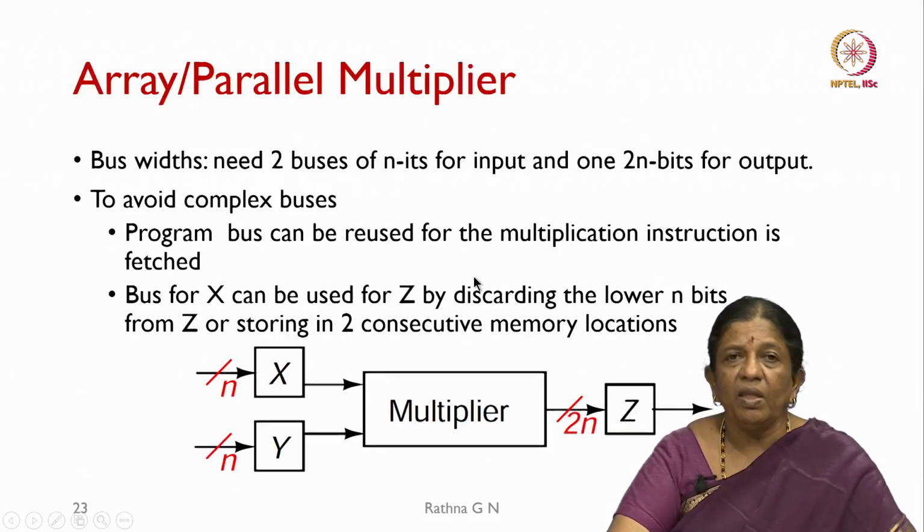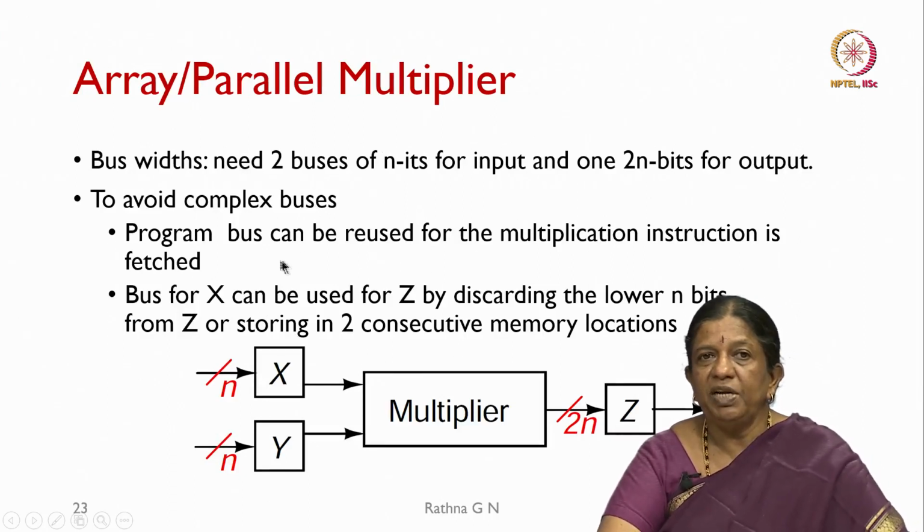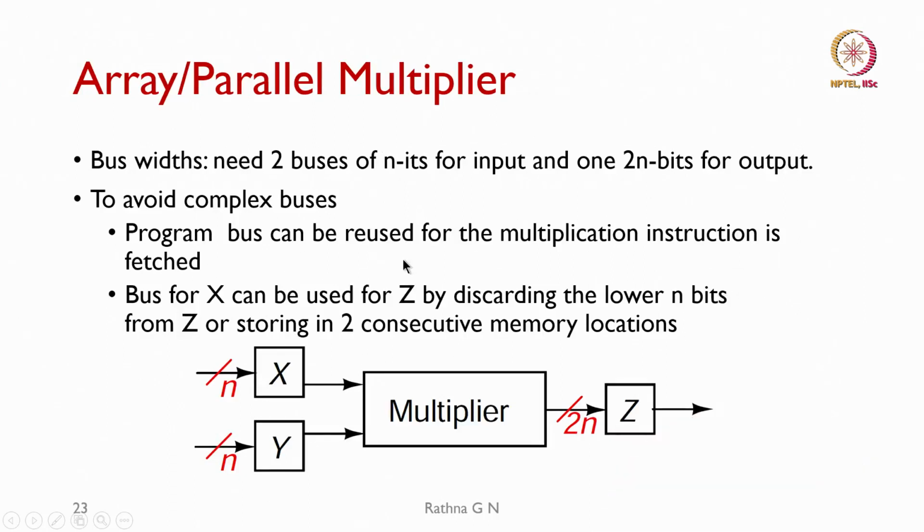Coming to the array multiplier, or parallel multiplier, what is the bus width required? We need 2 buses of n bits to give the inputs in parallel to our multiplier. We know that for x into y, the maximum length of the product is n plus n.